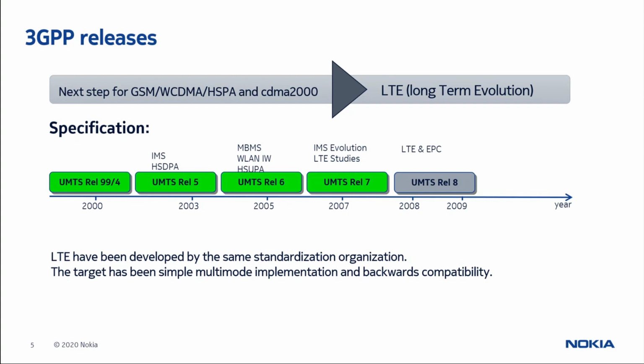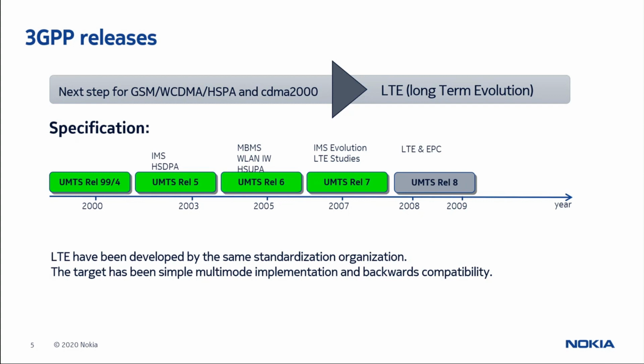When people started realizing the importance of downloading videos, that's where the technology HSDPA, high speed downlink packet access, evolved. It was in the year 2003 that UMTS had Release 5 with the help of 3GPP.